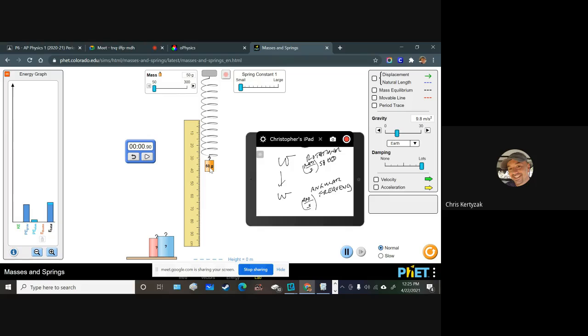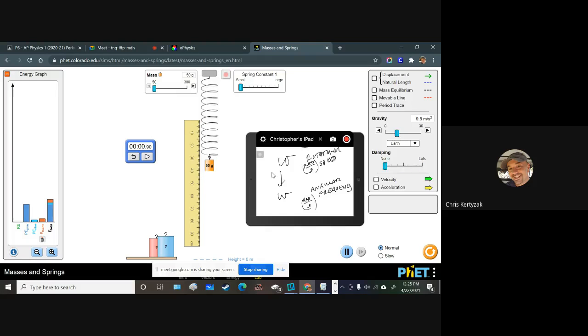If I displace this by 10 centimeters, then how high up will it go above this 40 centimeter mark, the equilibrium position? Let's see. In fact, let's go a little further. I'm going to pull it down from 40, where it normally was, down to 60. So that's a 20 centimeter displacement.